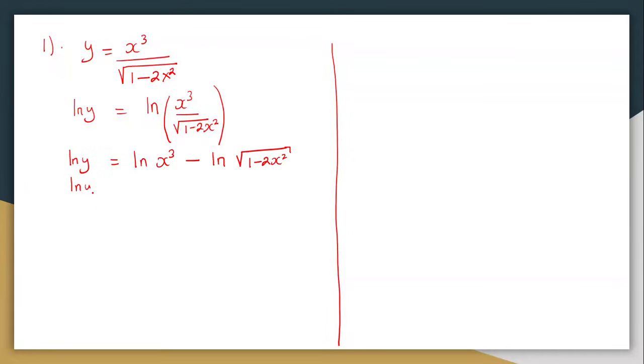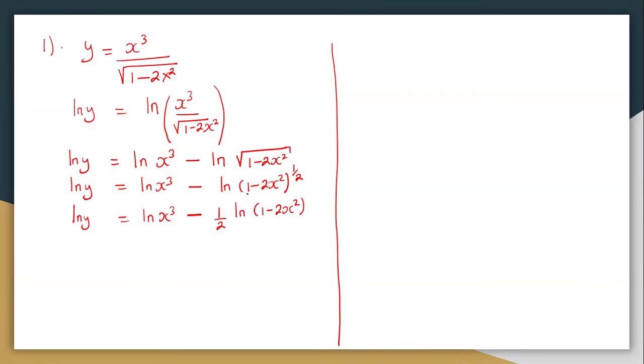I can write the root as 1 minus 2x squared, everything to the power of a half, so ln y equals ln of x cubed minus, dropping the power, a half times the natural log of 1 minus 2x squared.